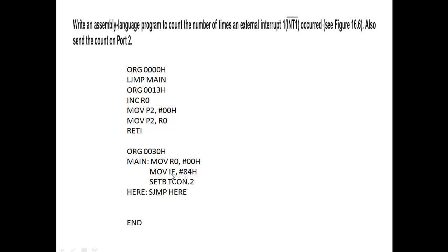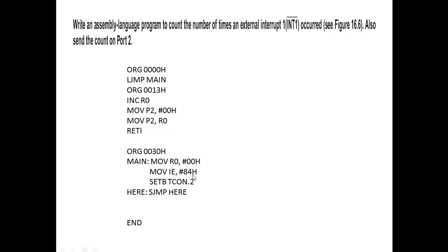So we write MOV IE, #84h. After writing this command, your interrupt enable register has been configured, and the particular interrupt, interrupt 1, is being enabled.